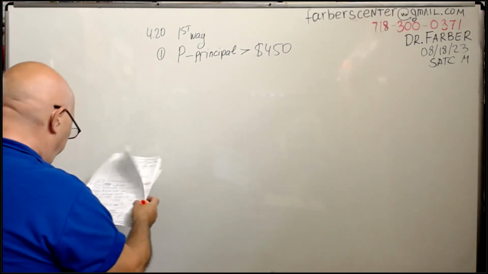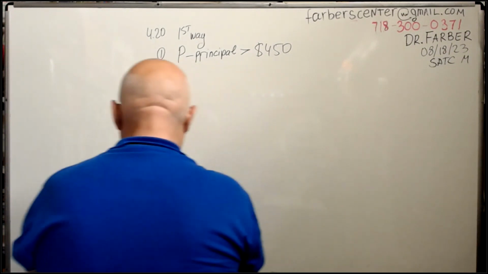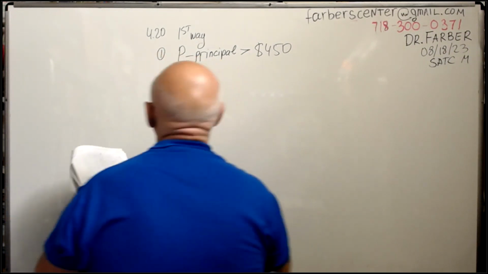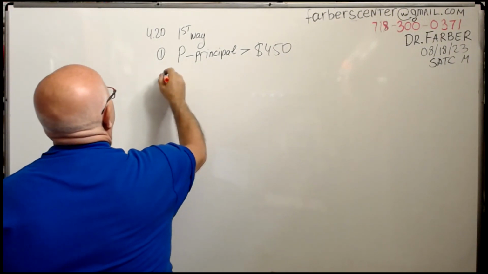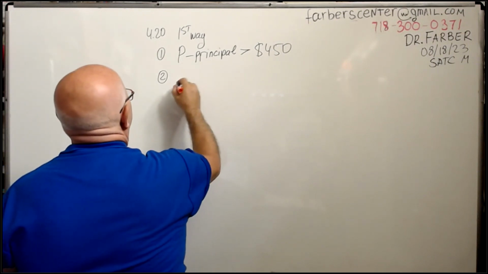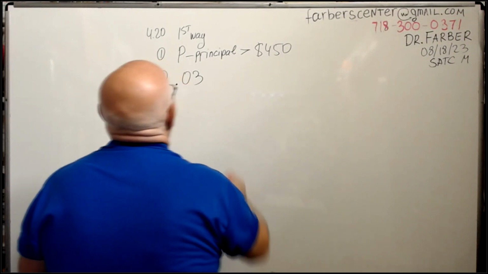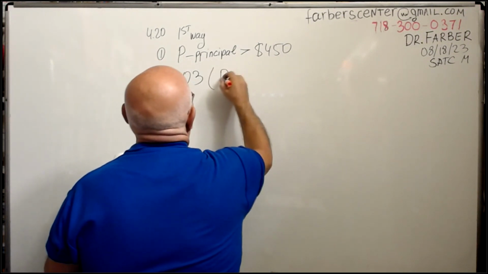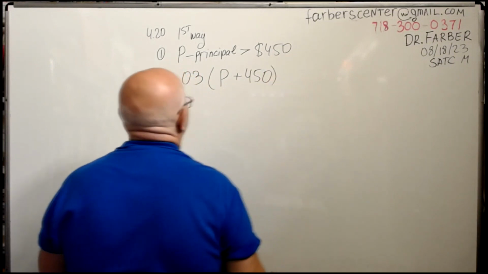Okay. And they said the interest is 3%. I make it shorter because I need room for the second explanation. 3% is 0.03 of your principal plus $450, right?